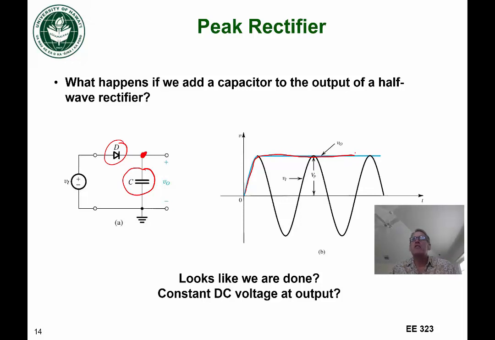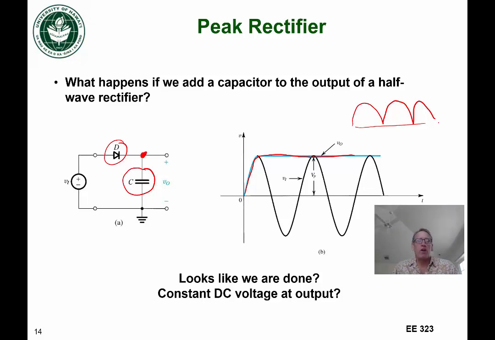Now, this is looking much better for powering your electronics, right? You have a constant DC voltage rather than a waveform that looks like that. So it looks like we're done, right? Constant DC voltage at the output, we're all finished. Not exactly. And the reason is that we haven't applied a load yet.